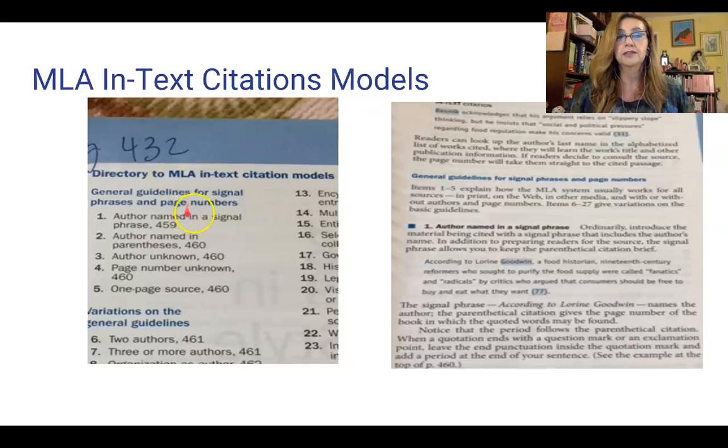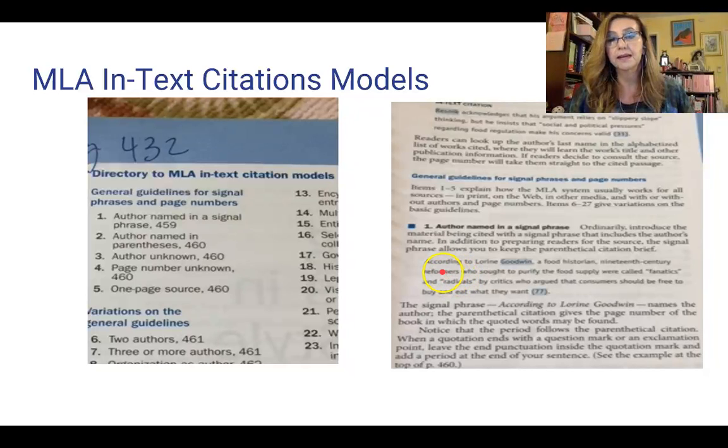You go to the directory to see where what you're looking for is, and then you go to the page to locate it. For example, if you wanted to name the author in your text, you would look for author named in a single phrase. It's on page 459. You go to page 459 and there's an explanation on how to cite that in your paper, and then there's an example.